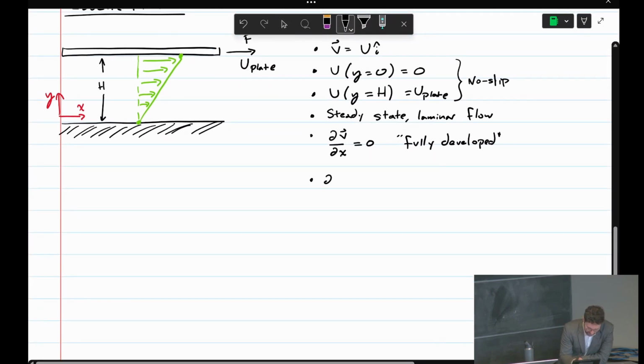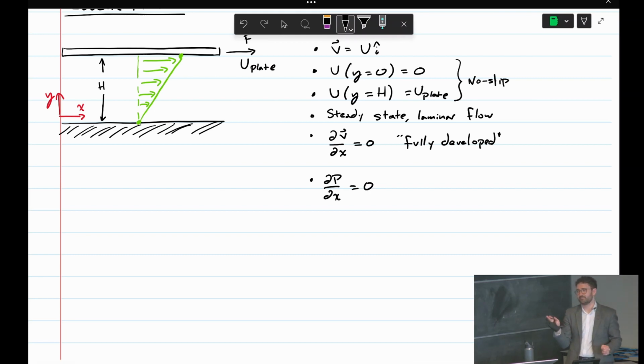We're also going to take a 0 pressure gradient along x. So the pressure gradient is 0, meaning that the pressure is the same at every point along x. Pressure, as we talked about, is quite important in a fluid, and most of the time pressure drives our flow.